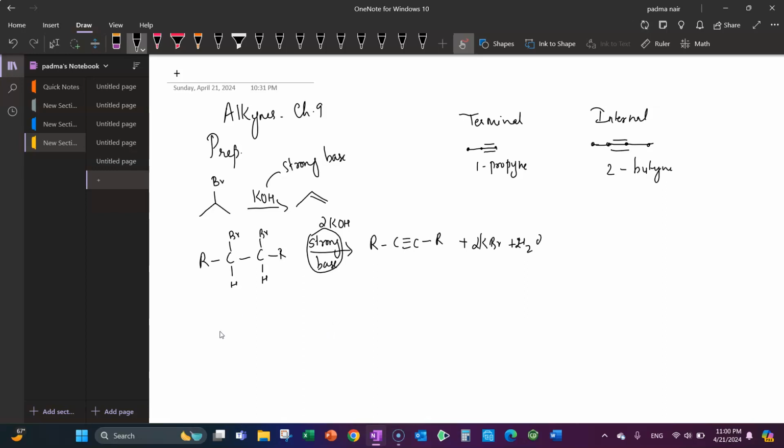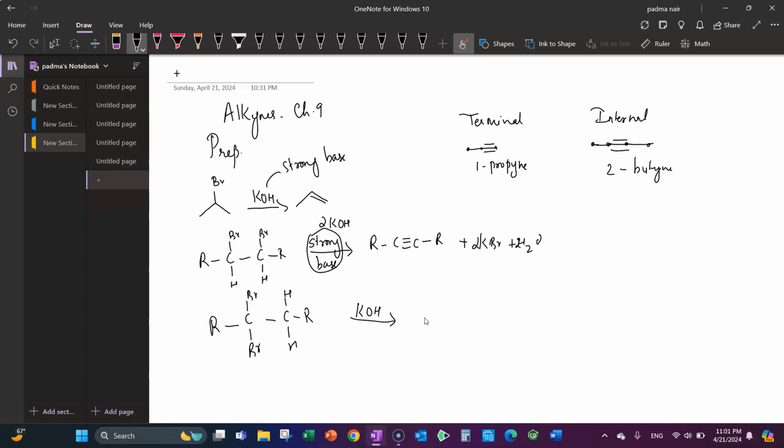You can also do this with the halogen groups on the same carbon atom. So for example, you can use a compound like this, where both the bromine atoms are on the same carbon atom, and then again you use a base like KOH.